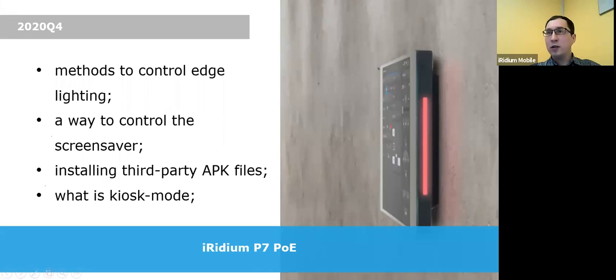The first one is about methods to control edge lighting. Here we have edge lighting, some LED, like on my presentation. I have an example project, and this project we have on our website.